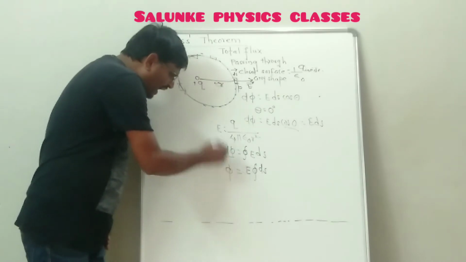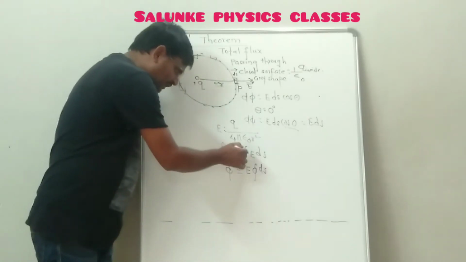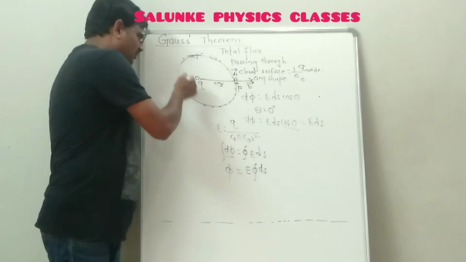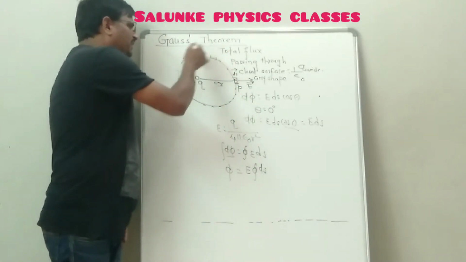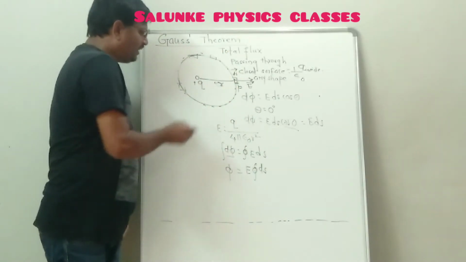Integration of d phi is phi. Electric field intensity on this surface at any point is same.